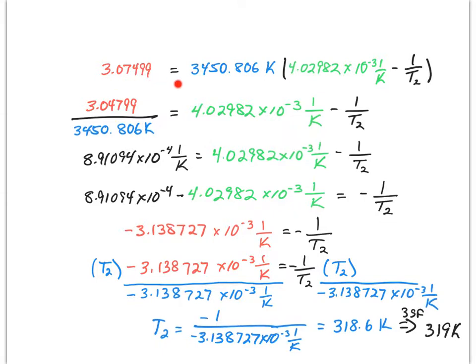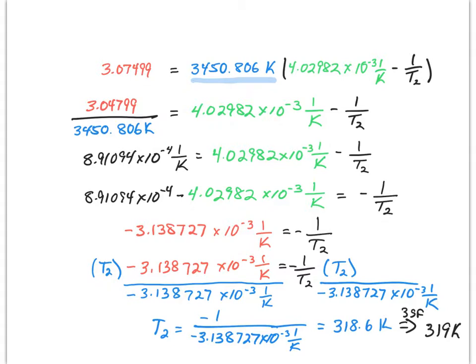Okay, so here's this same equation that we had on the previous slide, right? And so we have to isolate our variable algebraically, right? And complicated by the fact that our variable is in the denominator of its term, right? So first, we will divide both sides of our equation by that term, right?